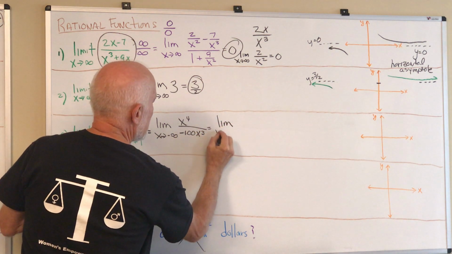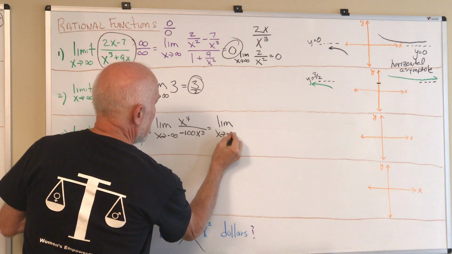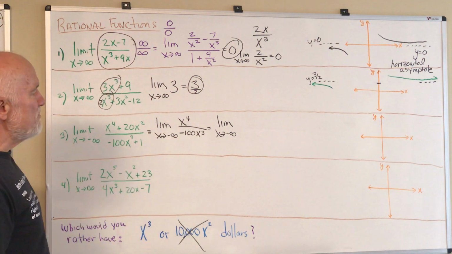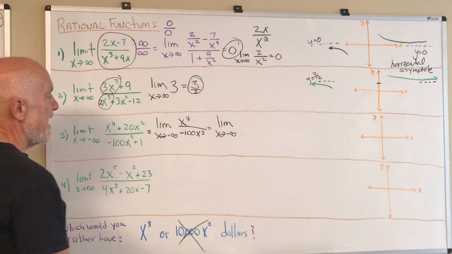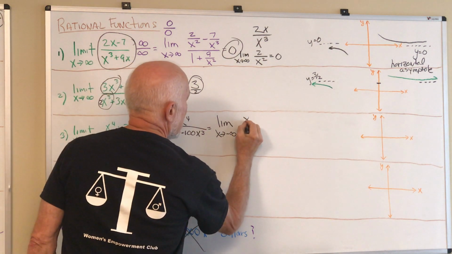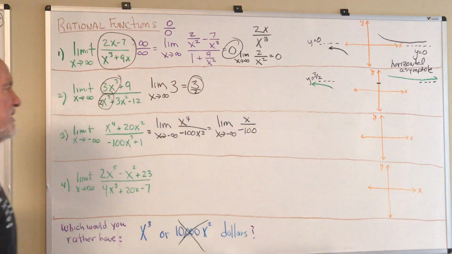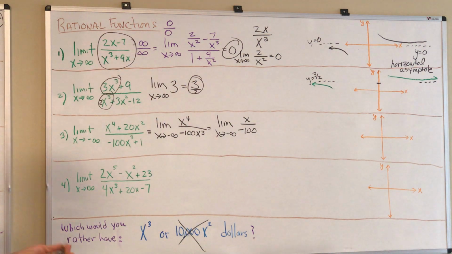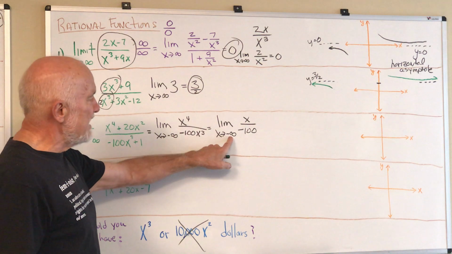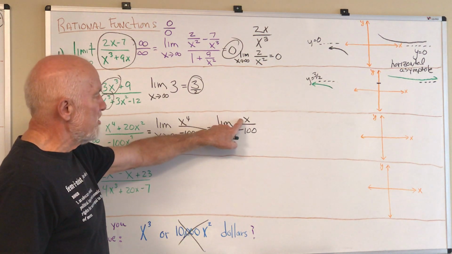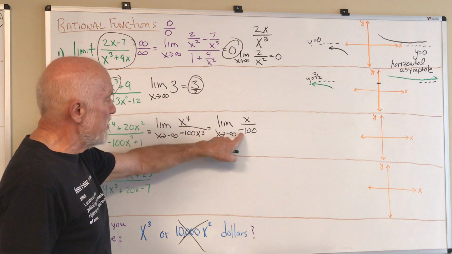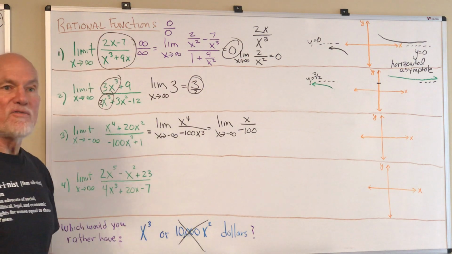And if we're going to be smart about it, let's now divide both the numerator and the denominator by x cubed. And we get that. So what happens now as x approaches negative infinity? The numerator is going to be a really large negative number. The bottom is only negative 100.